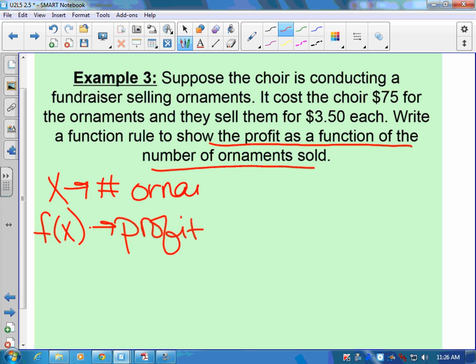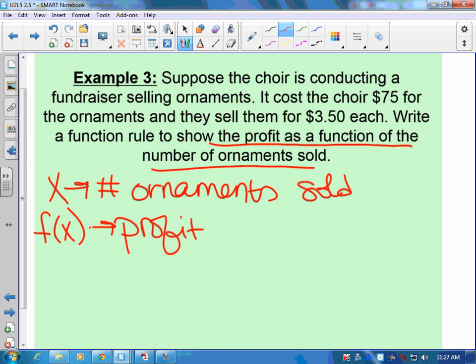If you want to use, I wouldn't ever suggest using the variable O, because that looks like a zero a lot when you start using that in equations. Just not that you can't, but just my suggestion. It gets kind of confusing and looks like a zero. But if you wanted to use the variable N again, or if you wanted to use S, just make sure you name that variable and make sure these match. X matches f of x.